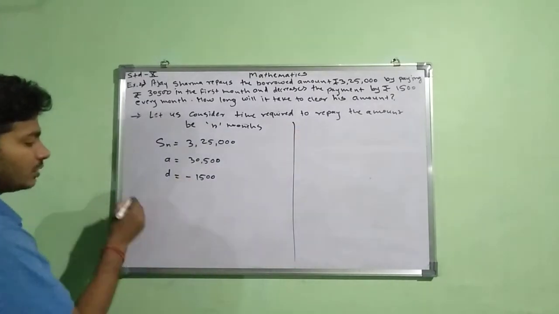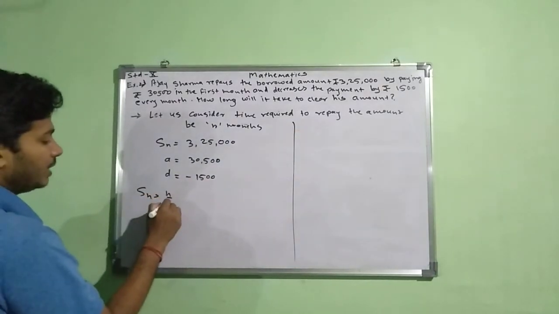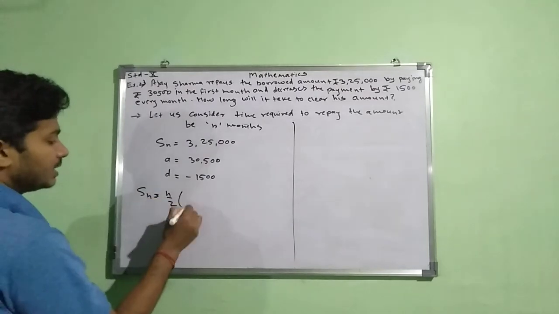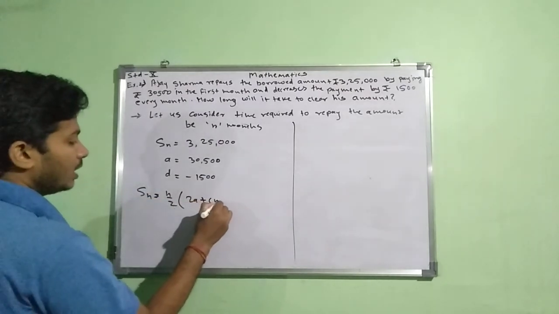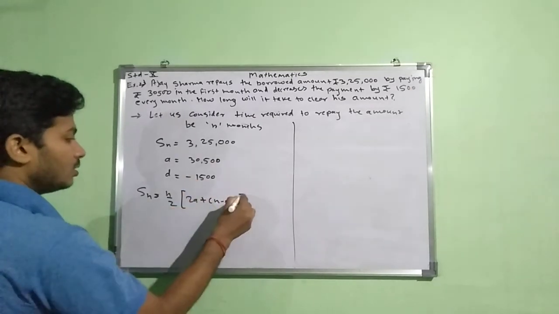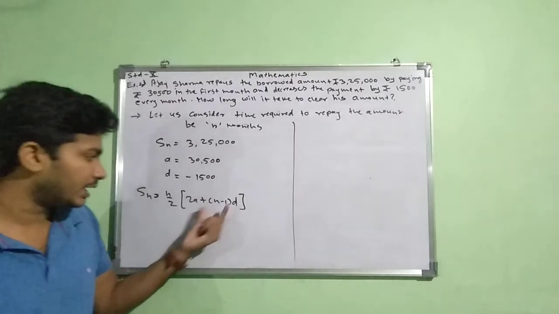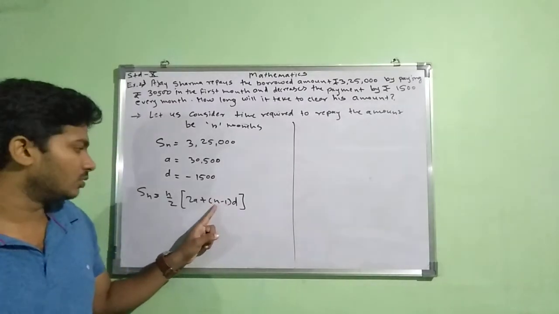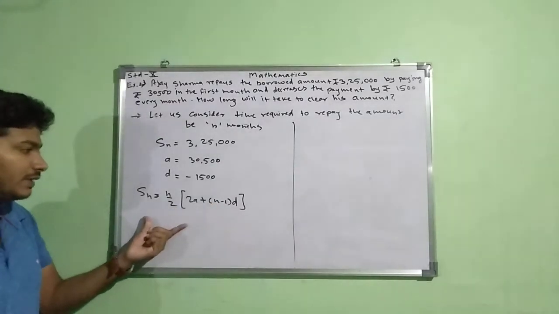So now we will use our formula Sn is equal to n by 2 inside the bracket 2a plus n minus 1 into d. We will use this formula to find the value of n, because n is present in that formula. So we will substitute all the values.